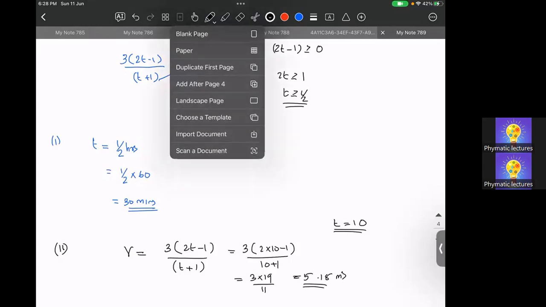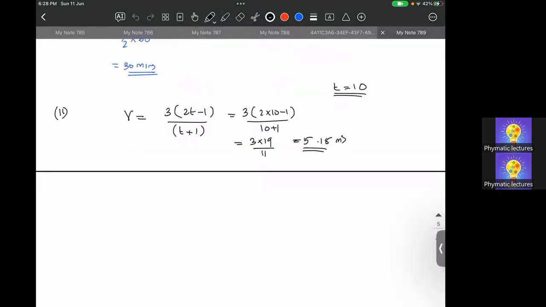Now, as time proceeds, for example, when t reaches 100 hours, what happens? Volume becomes 3 times (2 times 100 minus 1) divided by (100 plus 1). So 2 multiplied by 100 minus 1 is 199, divided by 101, then multiplied by 3.